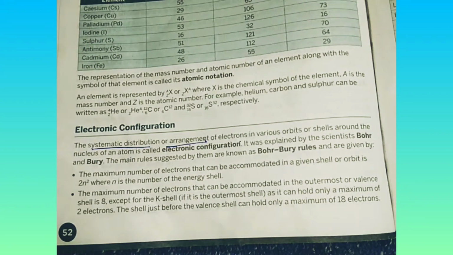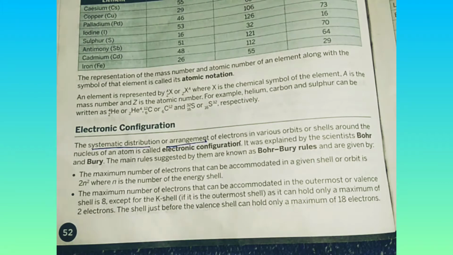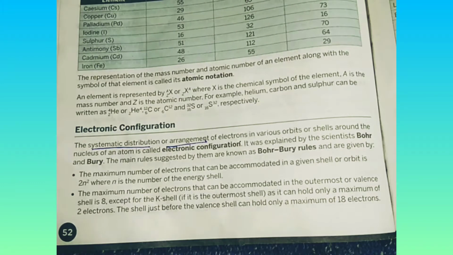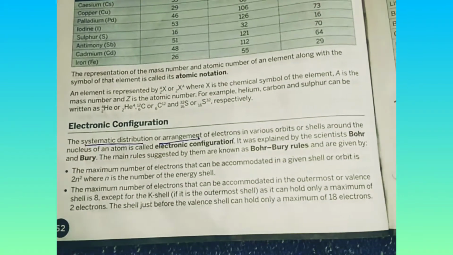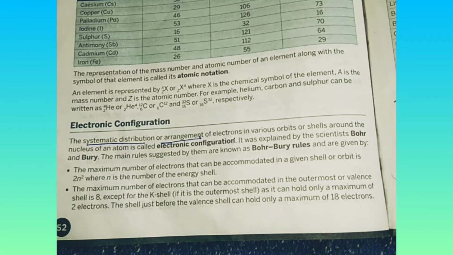So the arrangement of electrons in those shells in a systematic manner around the nucleus of an atom, because you know that Bohr's model of atom states that the nucleus is the central positively charged particle around which are the shells or orbits in which the electrons revolve, is known as electronic configuration.